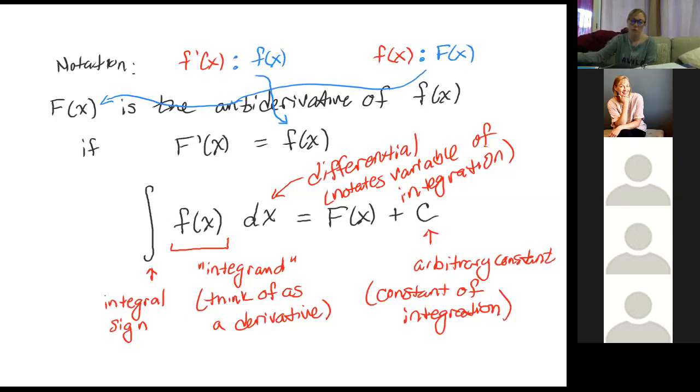And we call it the constant of integration because this whole term here is a portion of a larger process that we would call integration. Anti-differentiation is a portion of this.